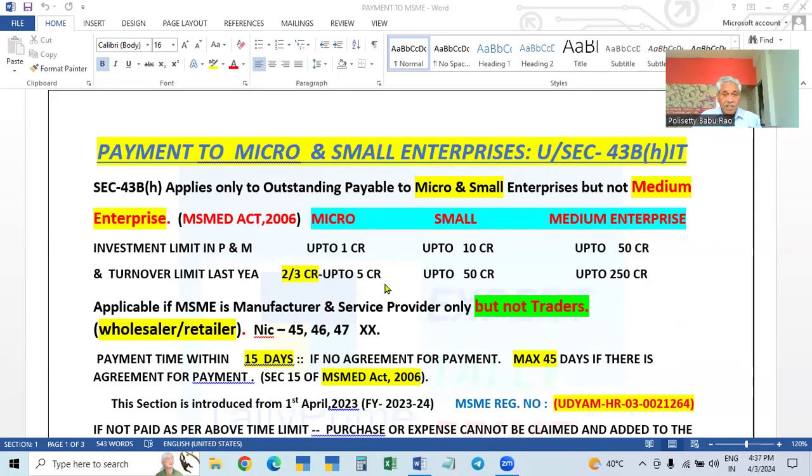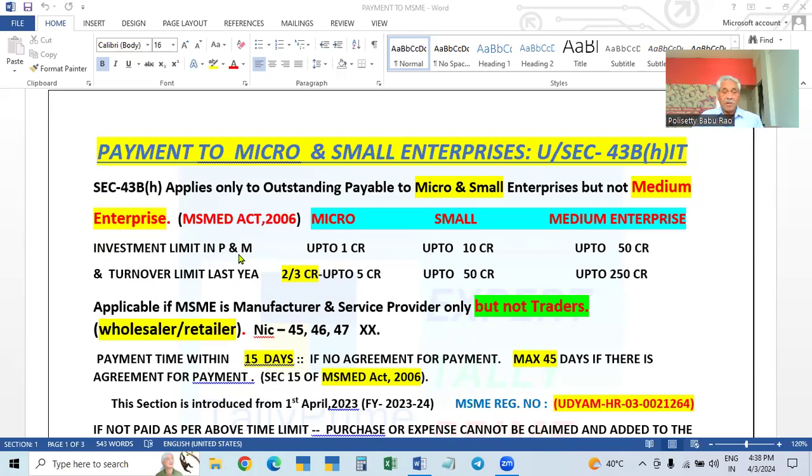One is investment in plant and machinery. Even service providers may purchase some machinery, like heavy machinery, computers and other things. All these assets are also taken into account, and that includes the plant and machinery.